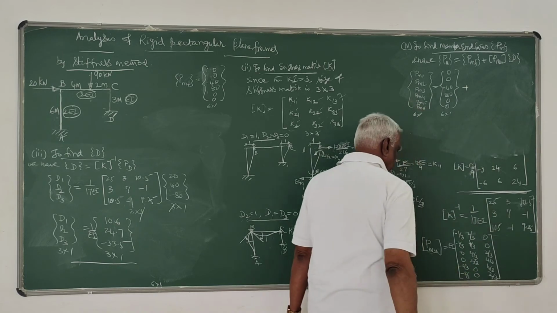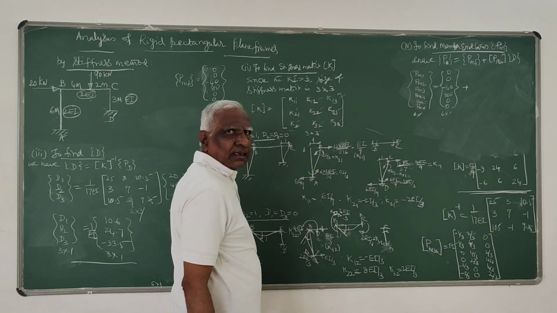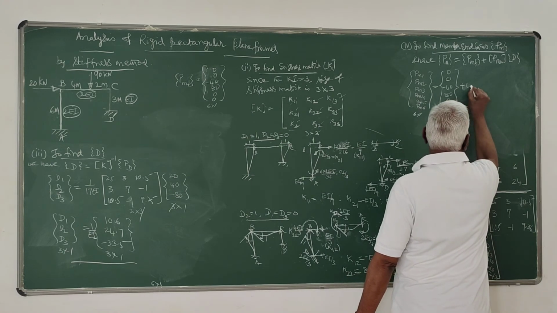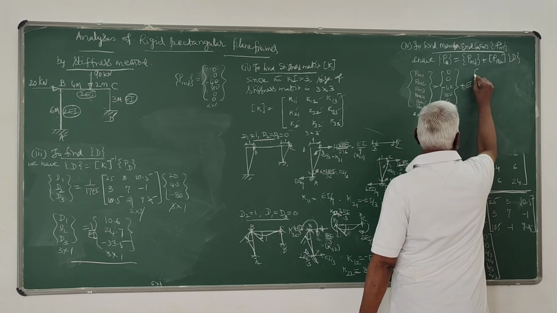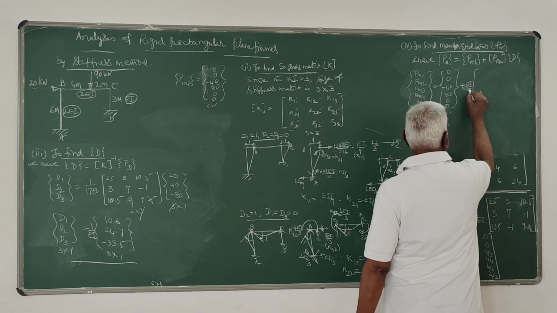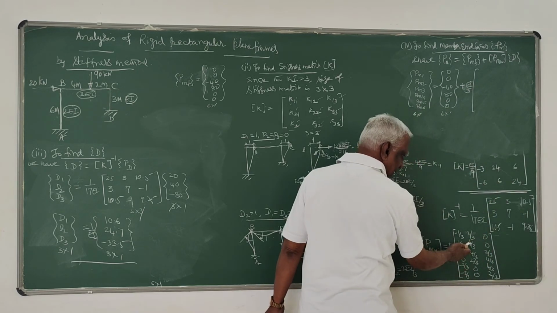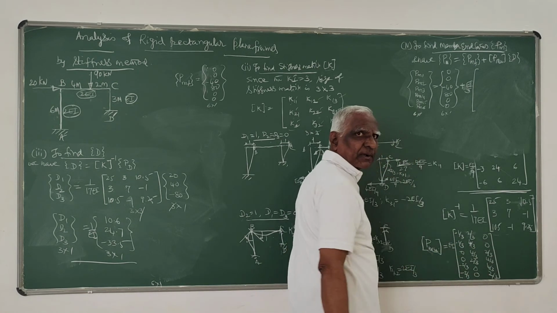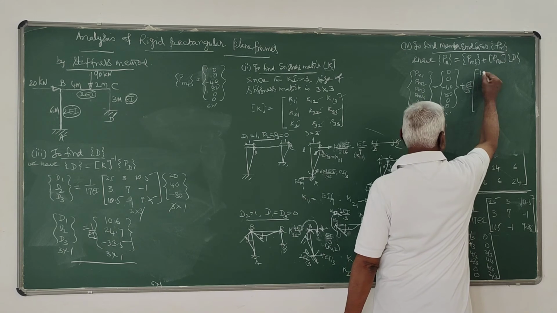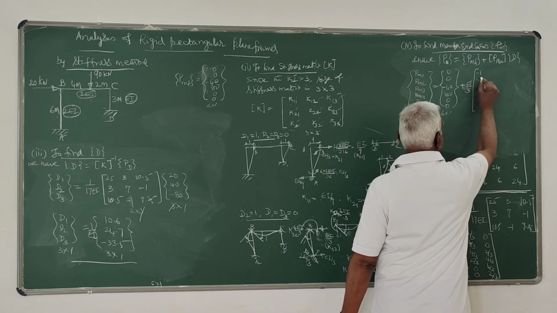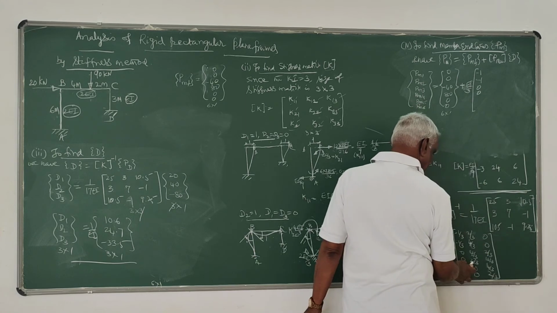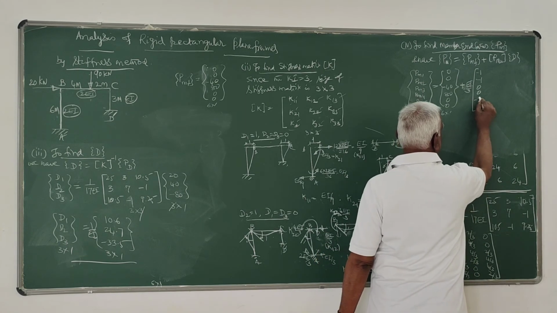Plus PMU, which we have generated here in the second step, that is plus 1 by 3 into this. Here 1 by 3 I will take outside, so it is easy. Everywhere we have 3 as a common factor, I will take it outside. I will get minus 1, then minus 1, 0, 0, then minus 2, minus 2.